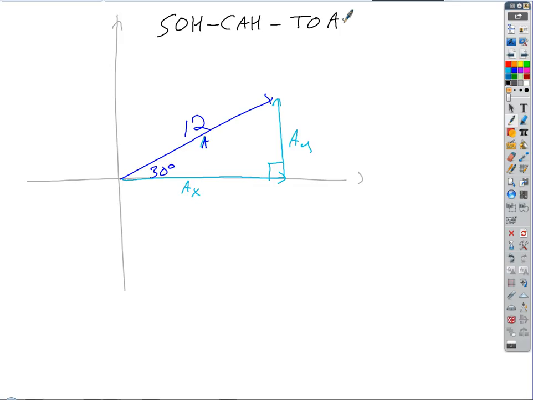Based on the starting angle, we have to always label the sides as either opposite, adjacent, or hypotenuse. That's what we have to do to label the triangle before we do anything else. Which side is always the hypotenuse in a right triangle?